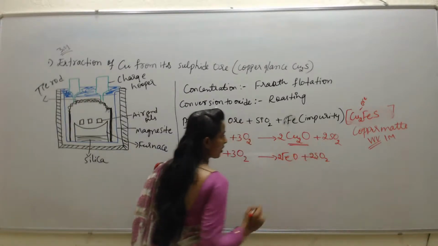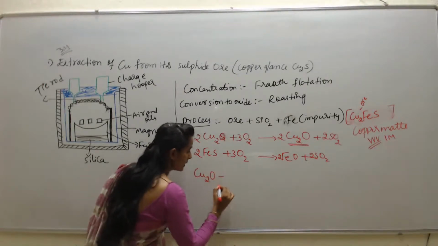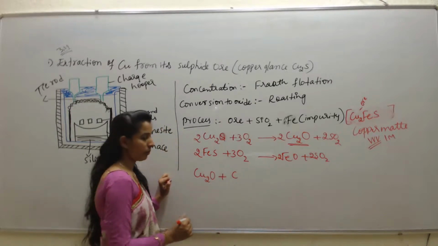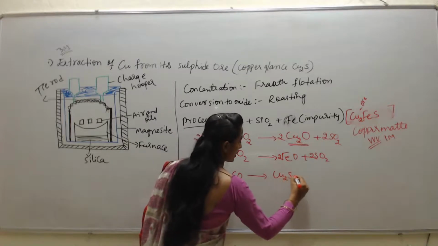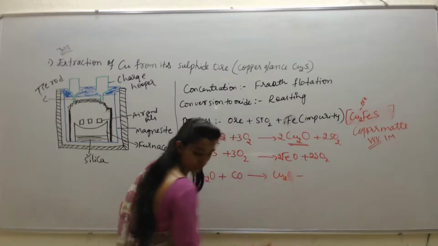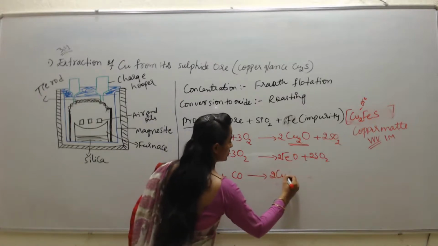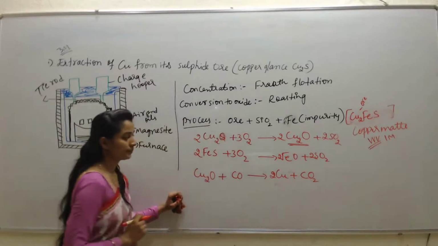Then we want what? Copper. Once the copper oxide is formed, it is easy to reduce. So then what happens? Cu2O gives 2Cu plus CO2.